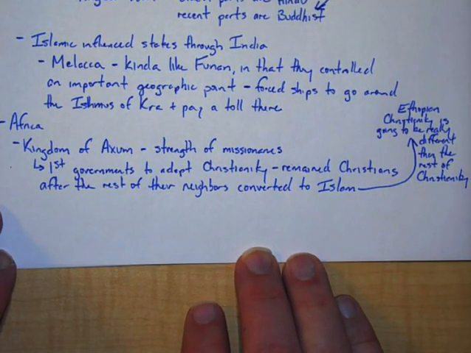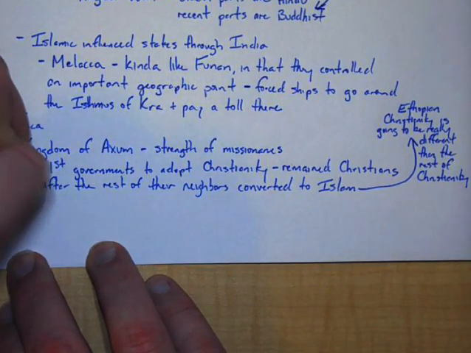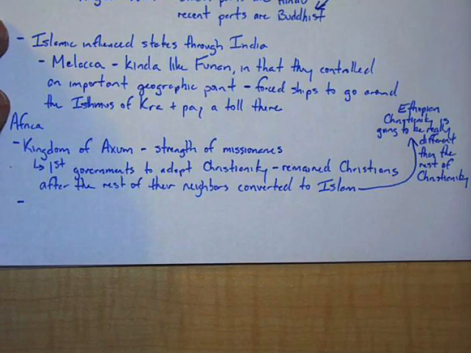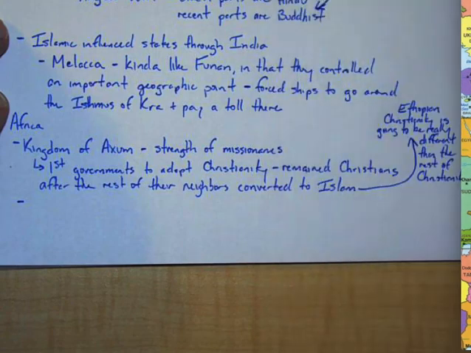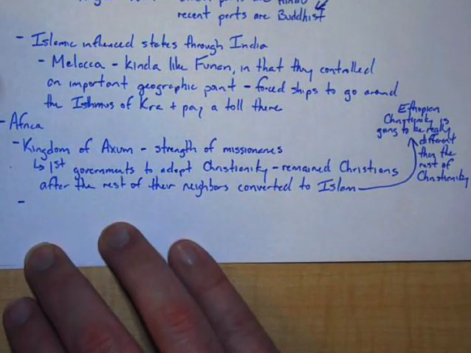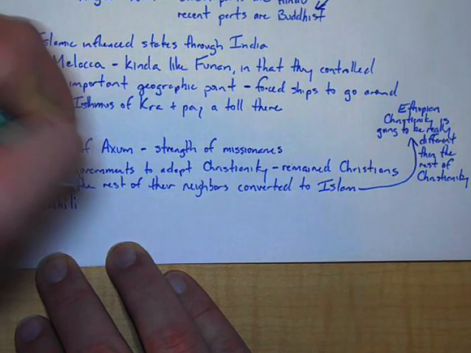and Ethiopian Christianity is going to be pretty different from the rest of Christianity. But the other places in Africa I want to draw your attention to very briefly are down here on the coast. So these two cities, the city of Mogadishu and the city of Dar es Salaam, are also important city-states that are influenced by India. So these cities, and we're going to call them Swahili city-states.